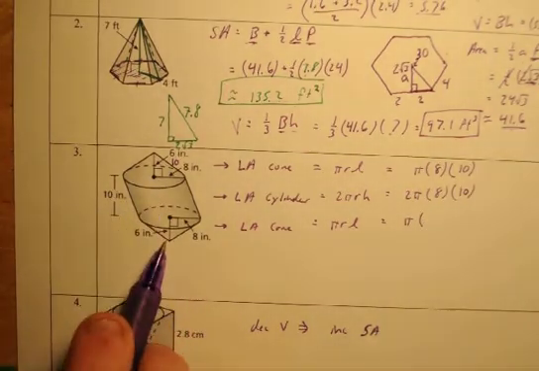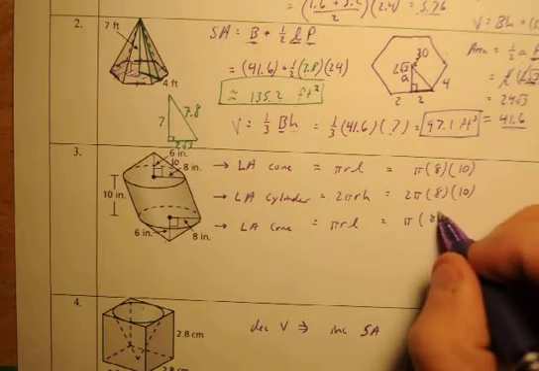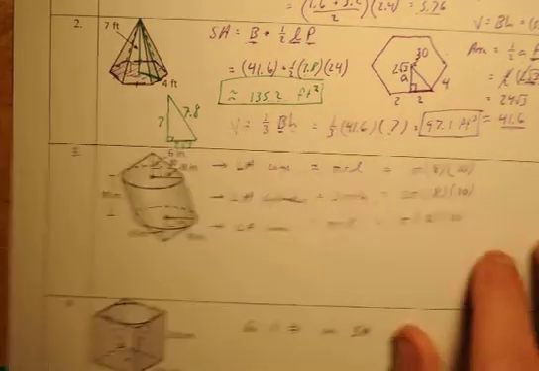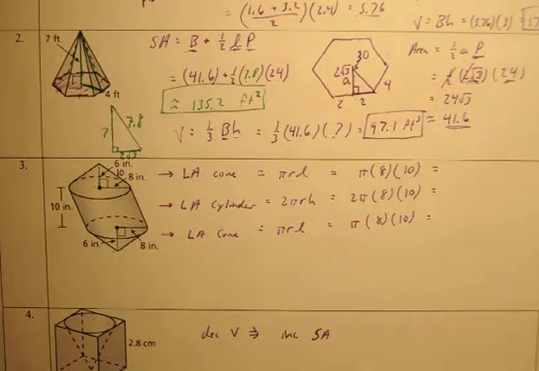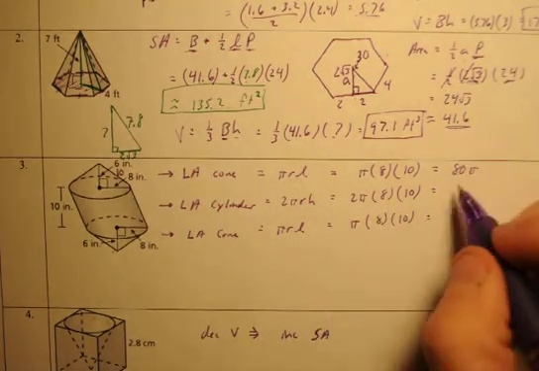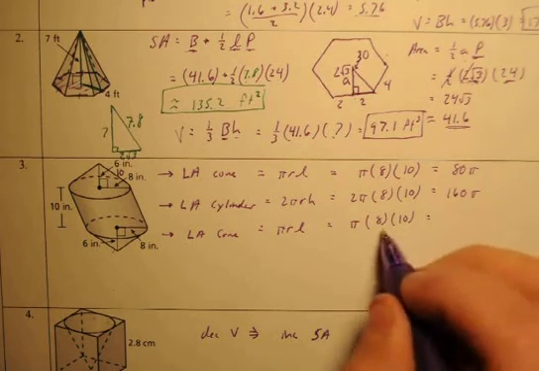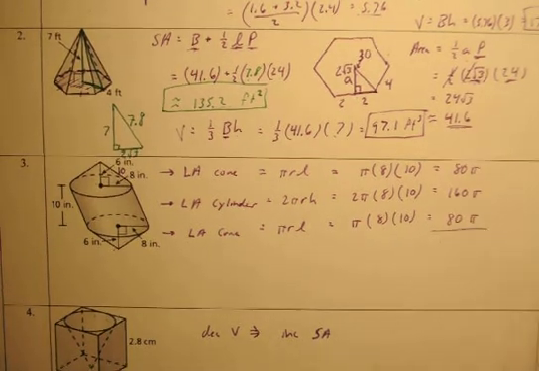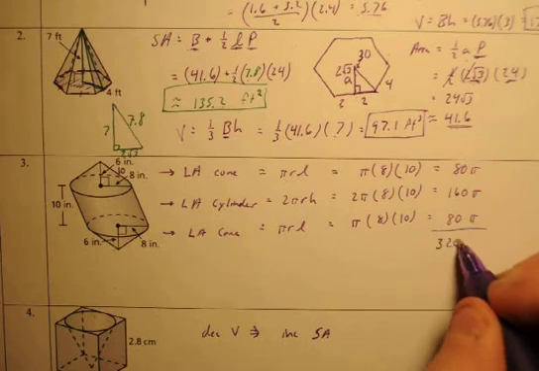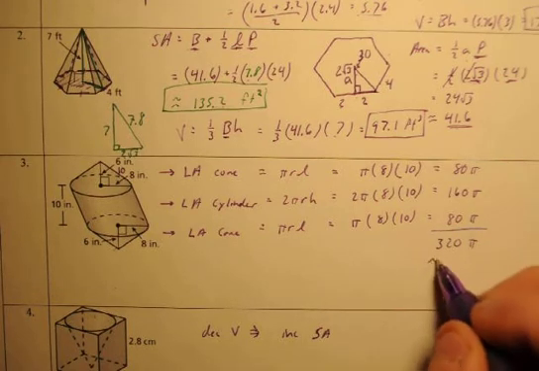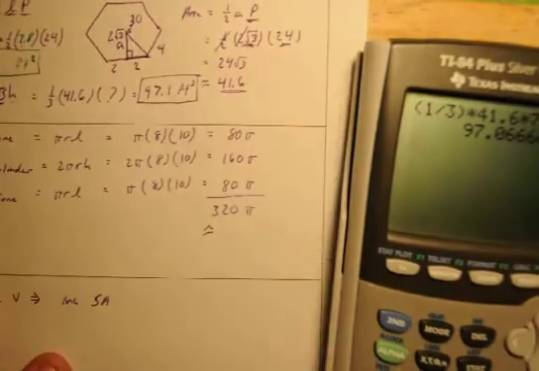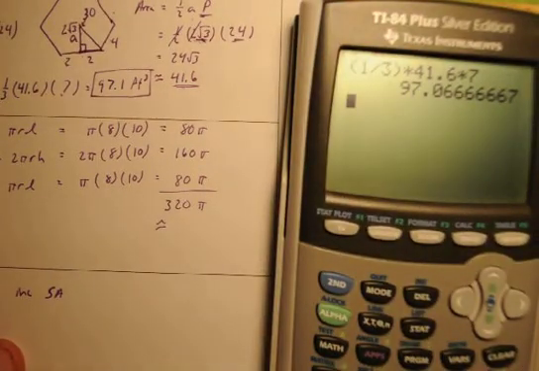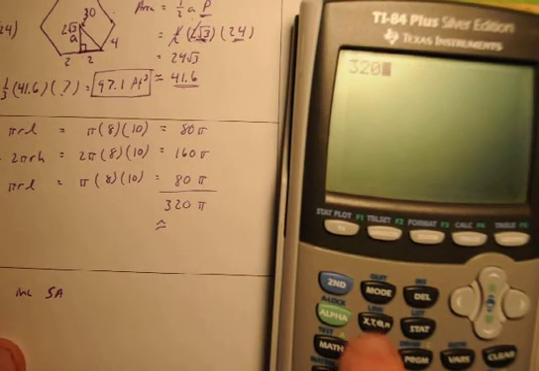And this cone is the same exact as the top cone, so we can use the same dimensions for that, which makes this 80 pi plus 160 pi plus 80 pi, which adds up to 320 pi, which we can go ahead and approximate. But 320 pi is a beautiful answer as a mathematician. It's a lot better than that looking 1,000.